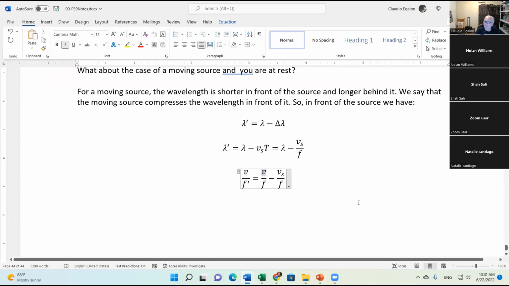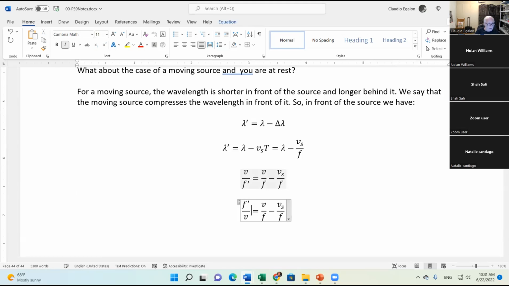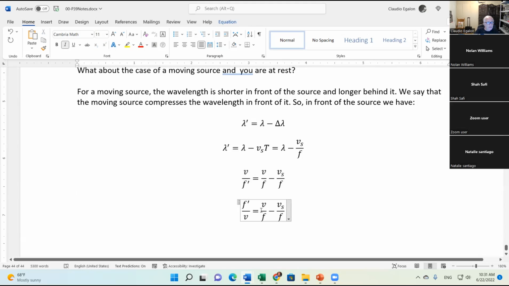Velocity of the wave. Let's see if I did it right. Frequency, okay, now I have to invert it. Let's invert it. That's going to be F prime divided by V, right?